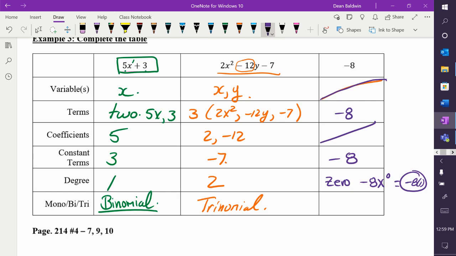All right. What are we confused about? It always makes 1, but what has the 0 power? The x, not the -8, right?